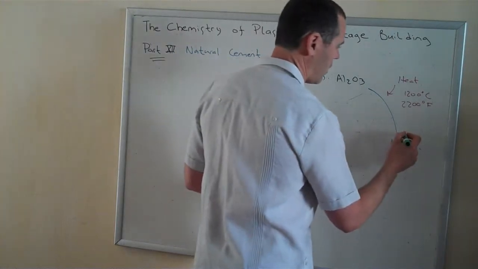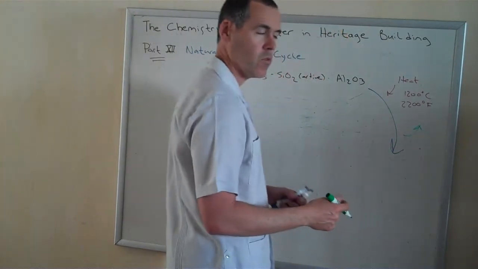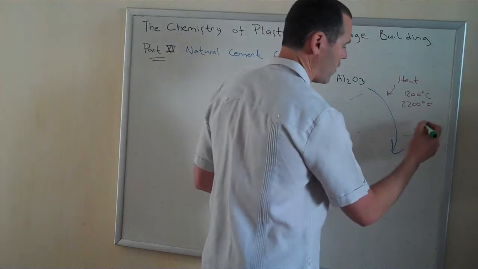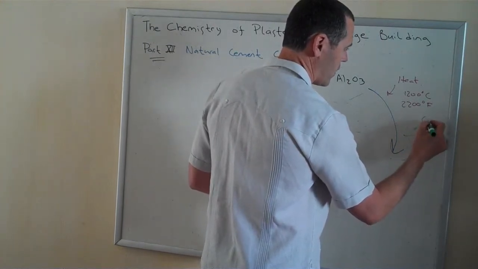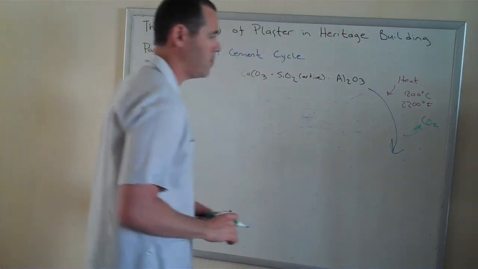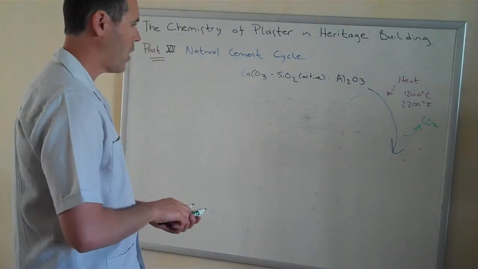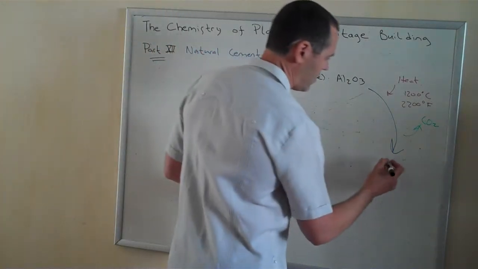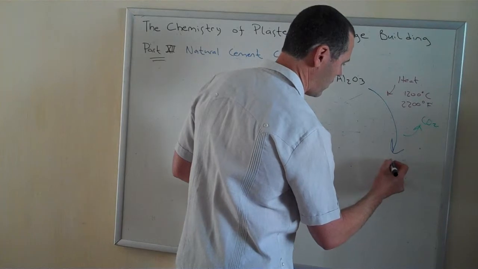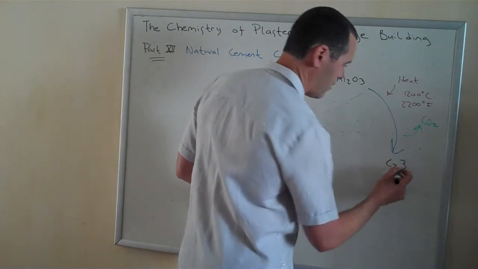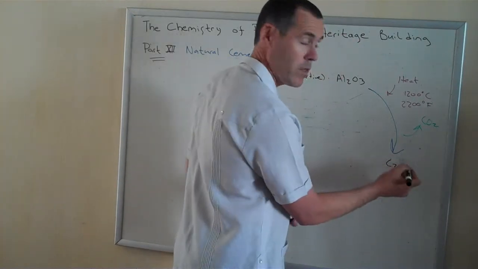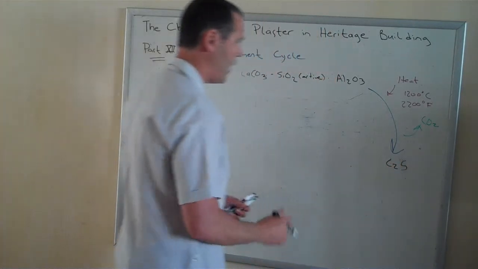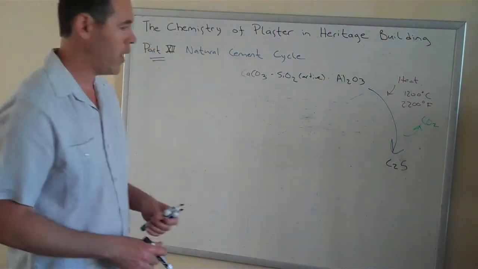Again, freeing up the lime to be able to react with the aluminas and the silicas, because the CO2 is dissipated. So some of the compounds that we're left with is dicalcium silicate, just like we had with the natural hydraulic limes. And then we're starting to get some of these alumina compounds.